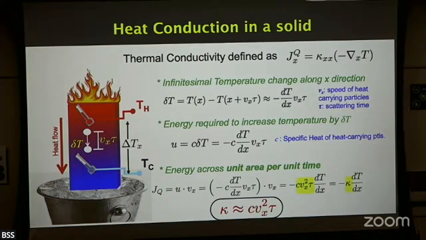So that's the simplest way. Combining the v and tau corresponds to the mean free path, the distance traveled without any significant collision or scattering, and that's how the thermal conductivity is written.